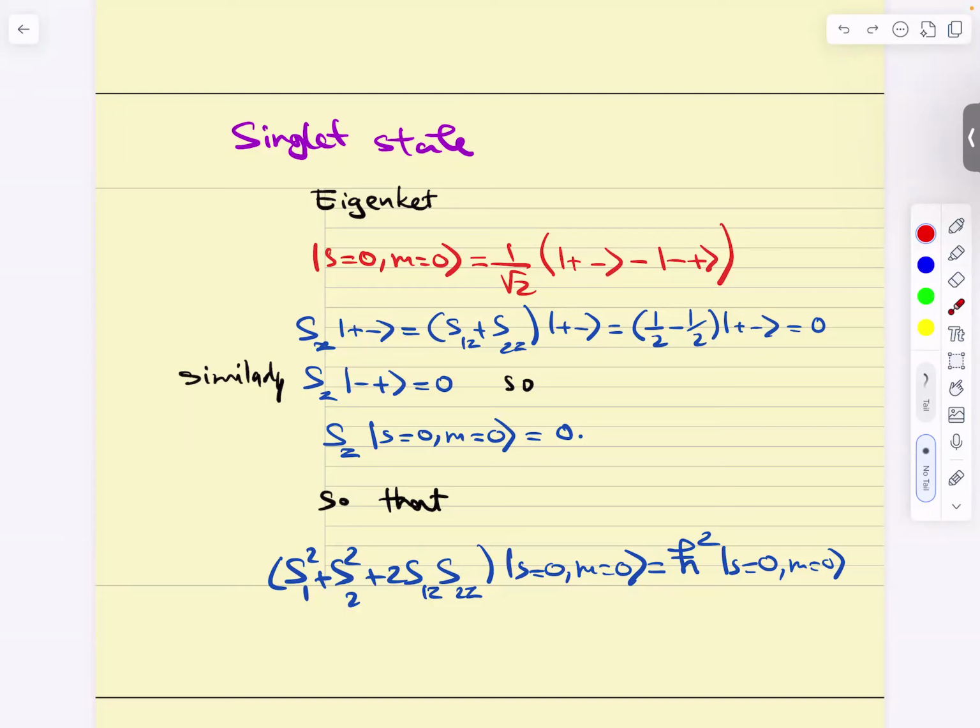We wrote this as a 3-dimensional Hilbert space, so this is spin half, this is spin half, that corresponds to a spin 1 particle. These are plus plus, minus minus, and plus minus plus minus plus, with 1 over square root 2.